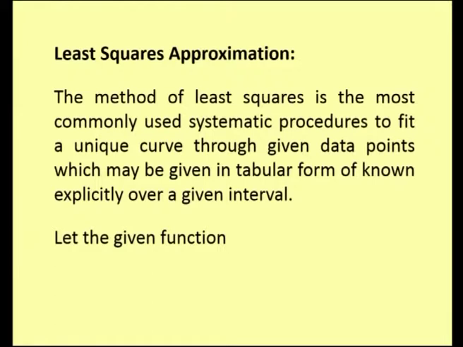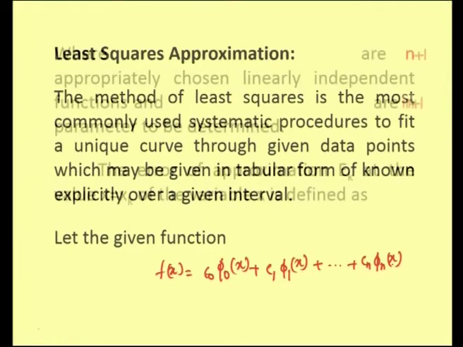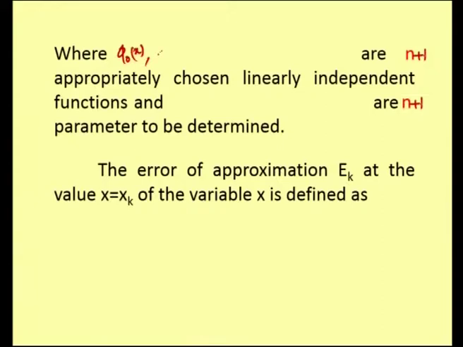Let the given function be f of x equal to c0 phi 0 of x plus c1 phi 1 of x plus etc. plus cn phi n of x, where phi 0 of x, phi 1 of x, etc. up to phi n of x are n plus 1 appropriately chosen linearly independent functions, and the coefficients c0, c1, c2, etc. up to cn are n plus 1 parameters to be determined.